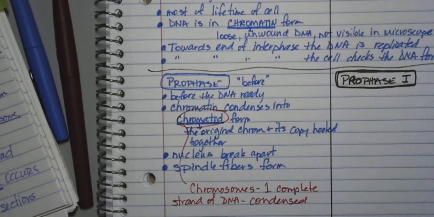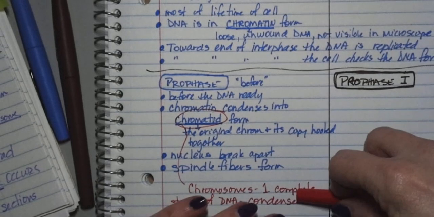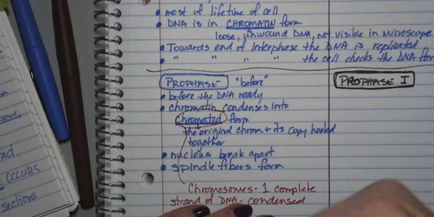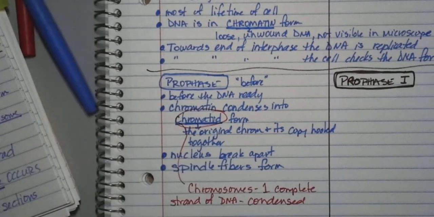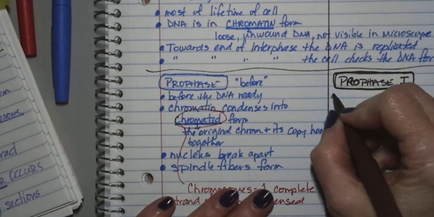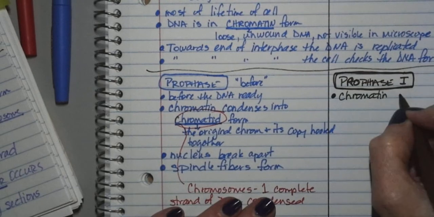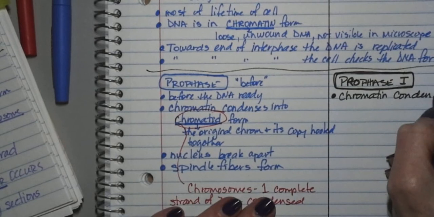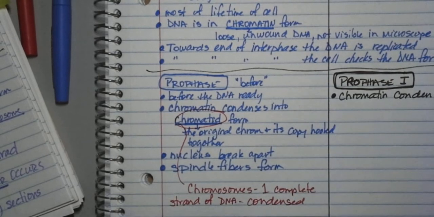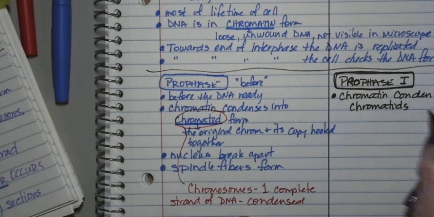Okay, on the prophase 1 side, these are the things going on here. The chromatin condenses to form the chromatids. So when you say chromatids, you're talking about the original and its copy, right? One's the chromatid and one's the sister chromatid. The original, they're hooked together, yes? But now, we're not going to leave them like that.